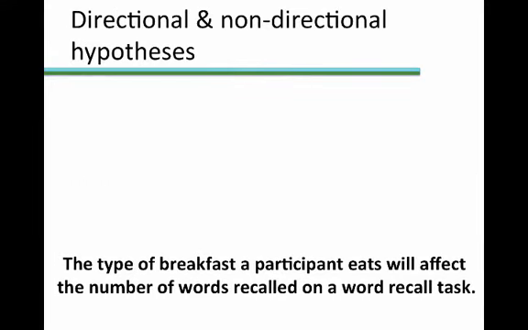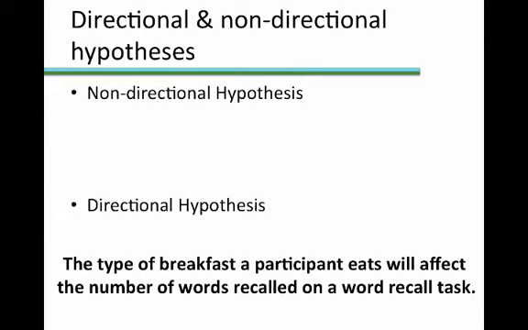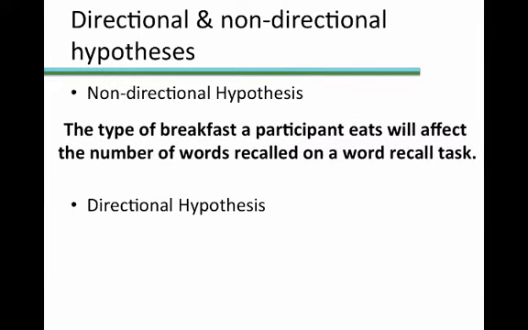This new hypothesis is referred to as a non-directional hypothesis. By non-directional, we simply mean that the hypothesis doesn't specify the exact nature of the relationship between our variables, only that there will be one, namely that in some way the type of breakfast is going to affect how well participants do on the task.